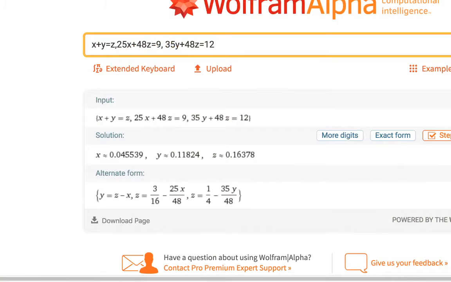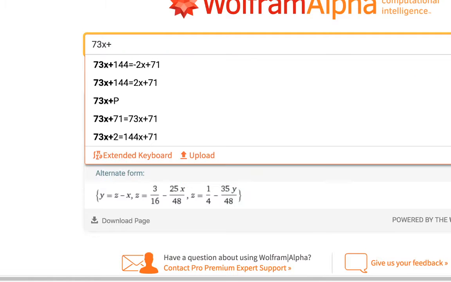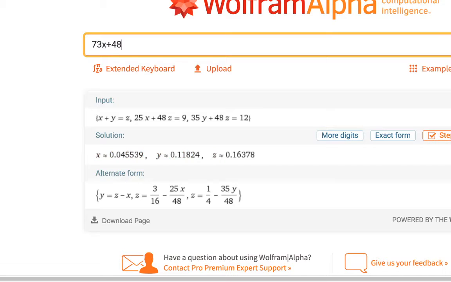My system of simultaneous equations is 73 I1 plus 48 I2 equals 9, and 48 I1 plus 83 I2 equals 12.